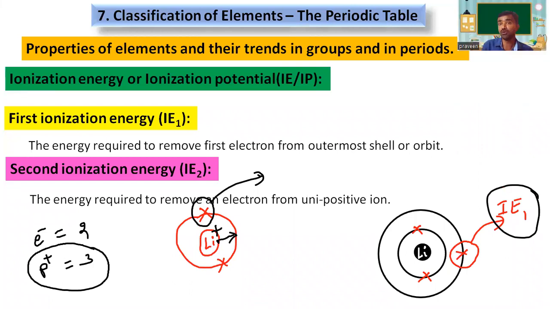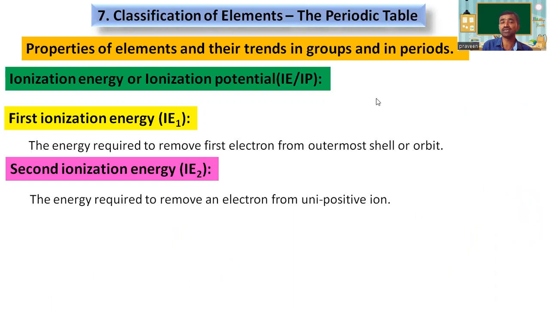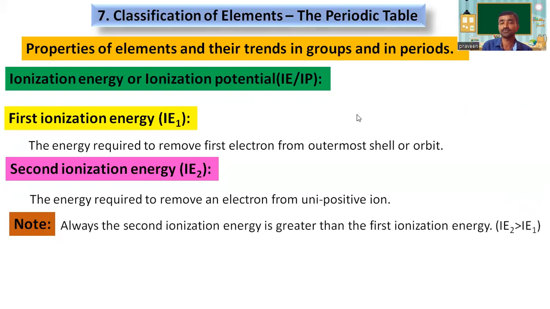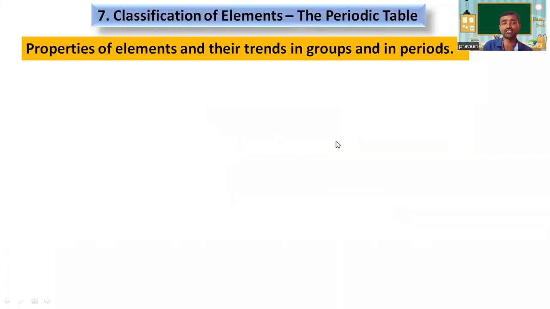I require more energy due to greater nuclear attraction power. That's why second ionization energy is always greater than first ionization energy. Or suppose you go for removing the third electron, third ionization energy is greater than second ionization energy. This you need to keep in mind. So this is about ionization energy.